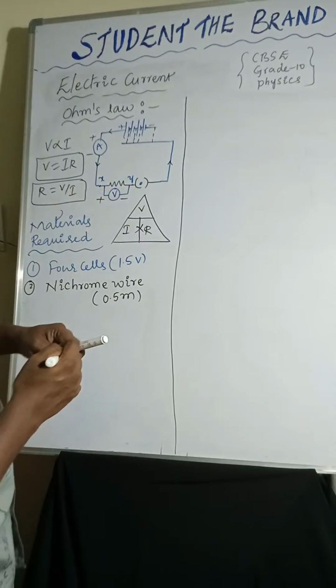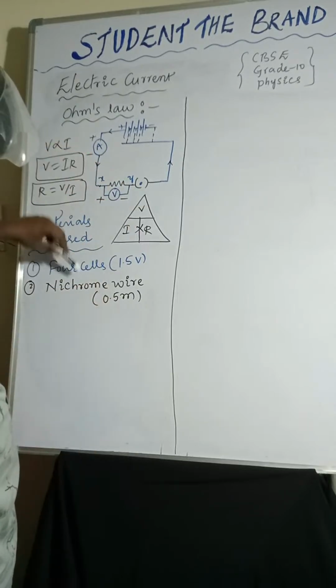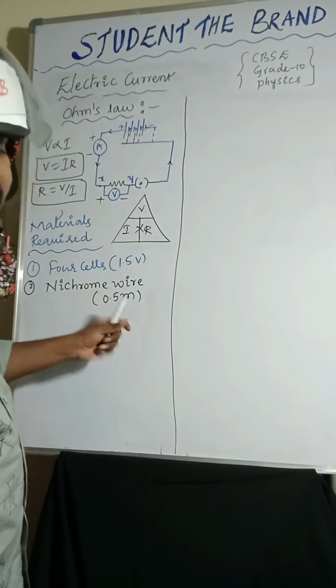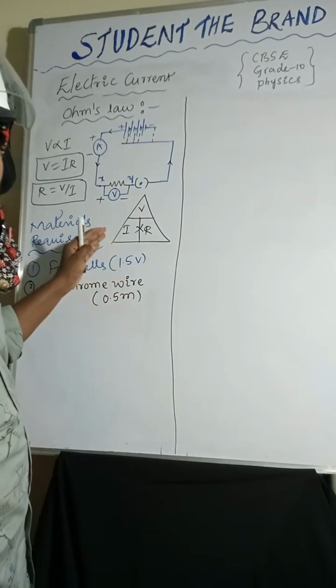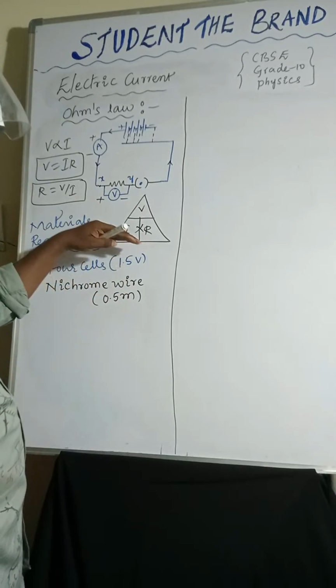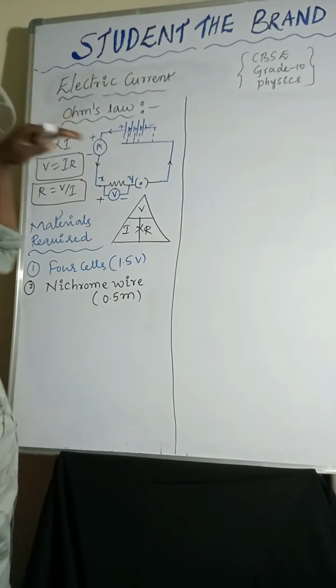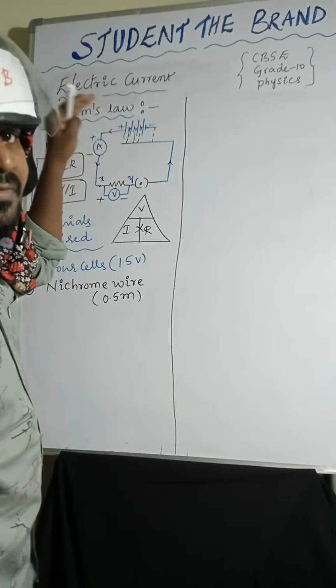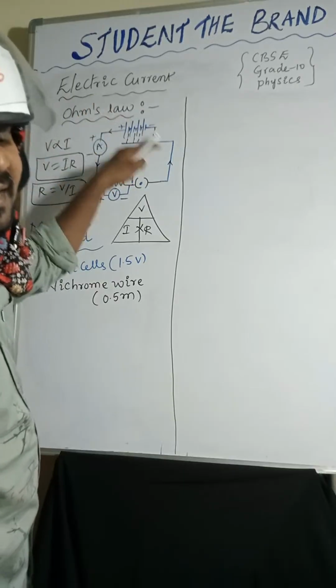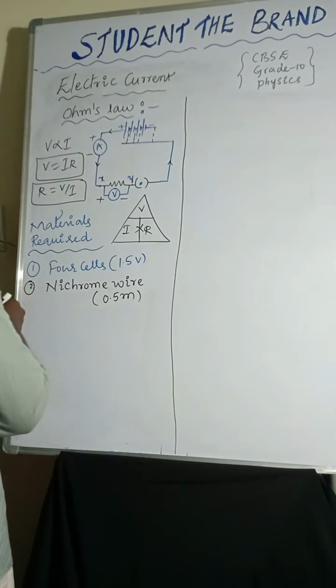So there is a nichrome wire of 0.5 meter length. This nichrome wire is an alloy of nickel, chromium, manganese, and iron metals.